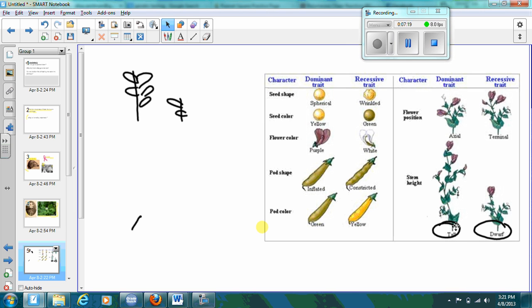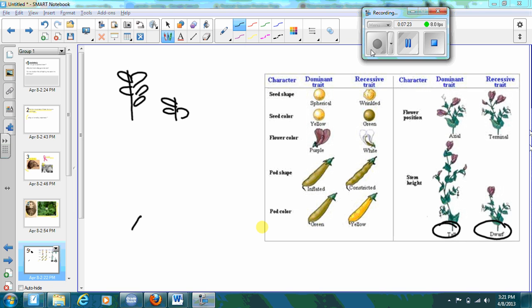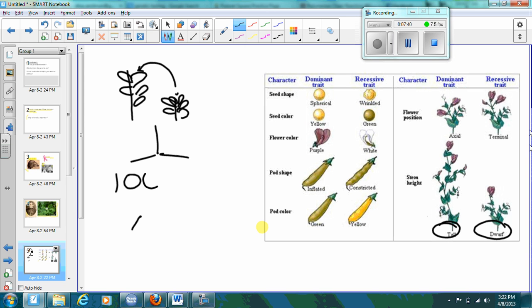And the way you cross them is you take pollen, in the spring it's all pollen, it's gross, and you take pollen from one plant and you move it to the other plant. And then lots and lots of seedlings come, and you have a generation. And he realized 100% of their children were tall.